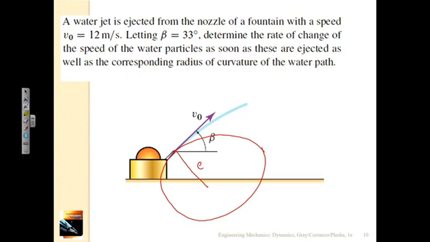So what I want to do is break gravity up into these various components. So how much of it is acting in the tangential direction? That's this piece. How much is it acting in the normal direction? That's this piece. This much. Okay? So we can write that out.